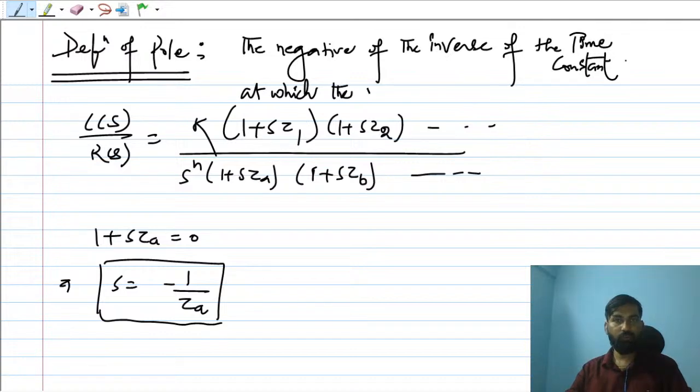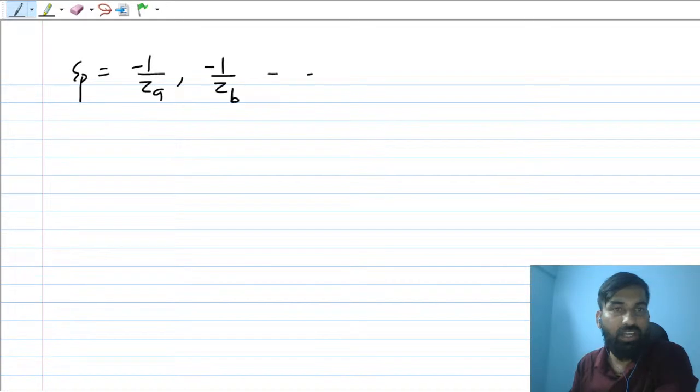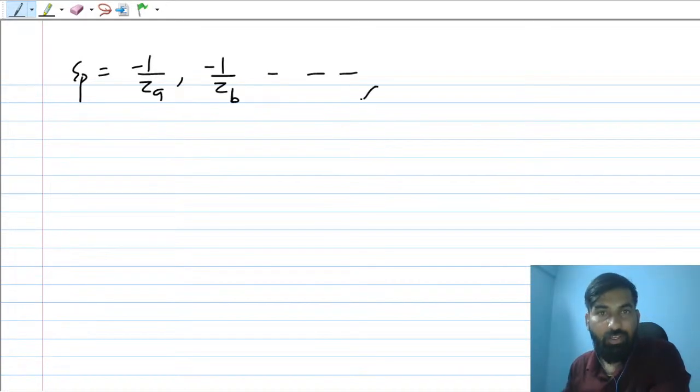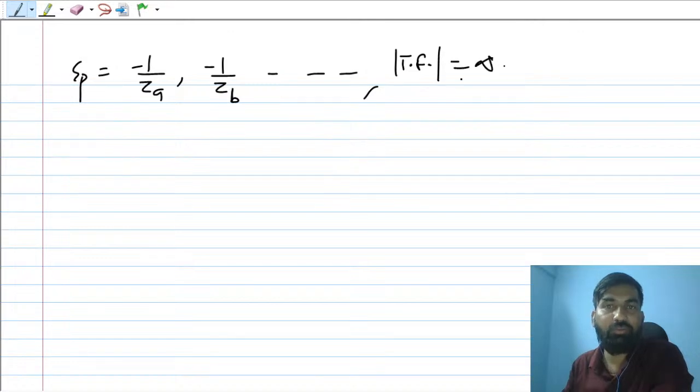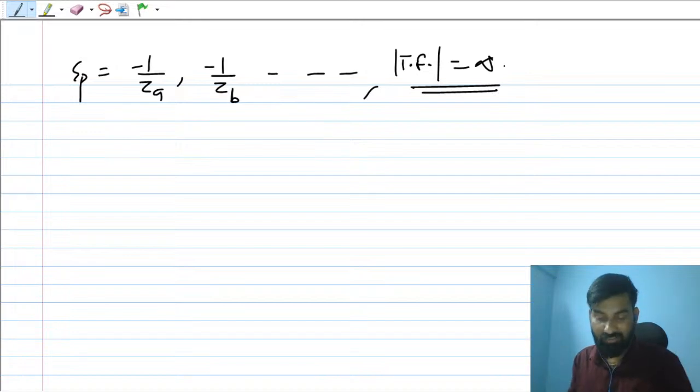This is very important. So the system poles are minus 1 by τa, minus 1 by τb, and so on, where the magnitude of the transfer function becomes infinity. You have to keep that in mind.